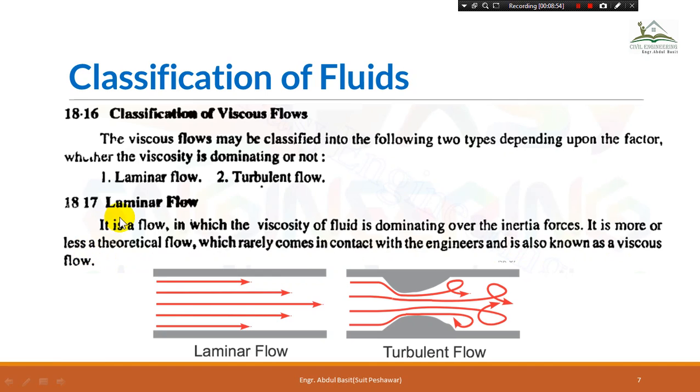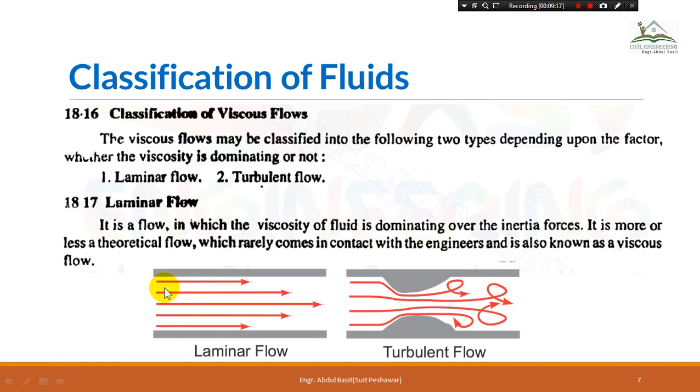So laminar flow may also be termed viscous flow, in which one definition is that all the particles of the fluid flow on their own path and do not cross each other's path. The other definition is that viscosity is the dominant factor as compared to inertial force.